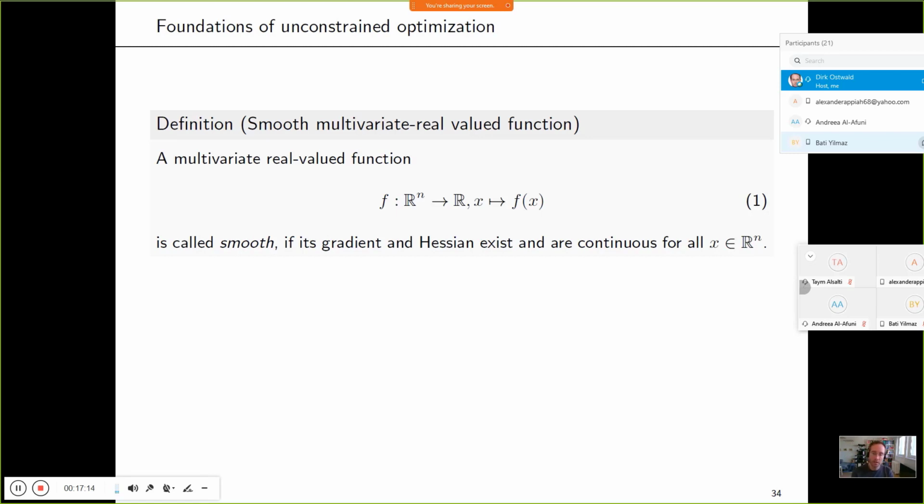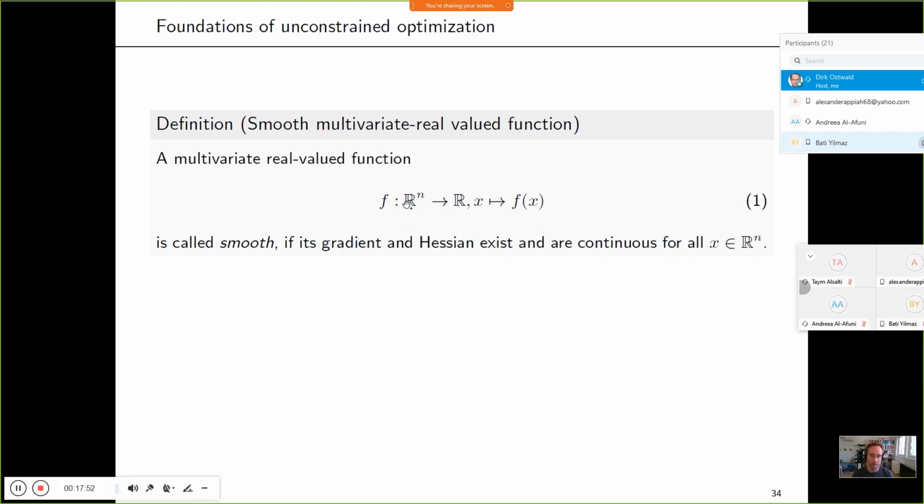Usually what we want to address in machine learning is some kind of objective function that is a function of parameters of a machine learning model or of a statistical model, and these functions are just multivariate real-valued functions. They take in vectors, which are usually the parameters of a model, and these vectors have n dimensions. Don't confuse this with the GLM, where n is the number of data points. This is all new stuff now.